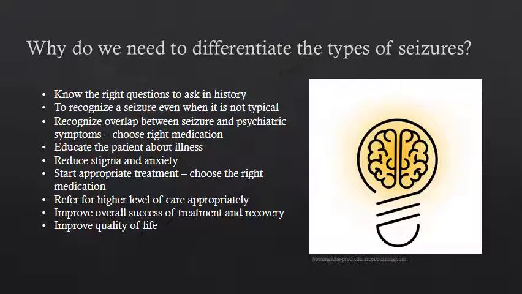But it can definitely make it easier if we know the different types. You know the right questions to ask when you take history from the patient. It helps us recognize a seizure even when it is not the obvious or typical type of seizure.